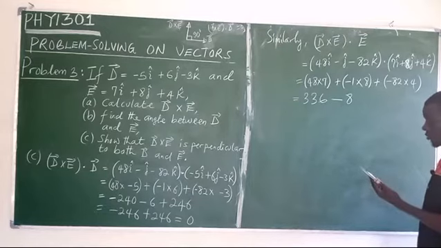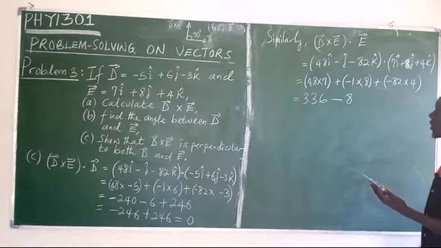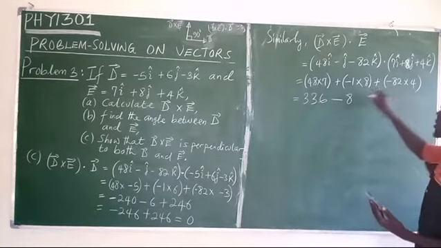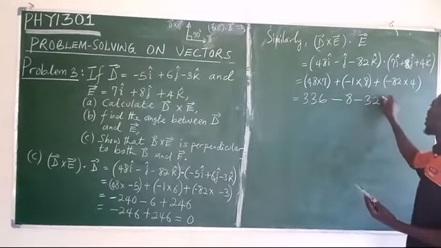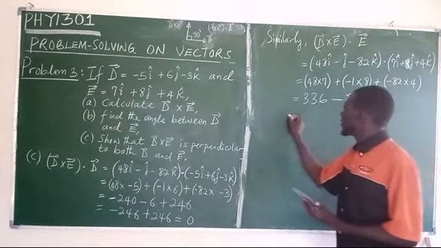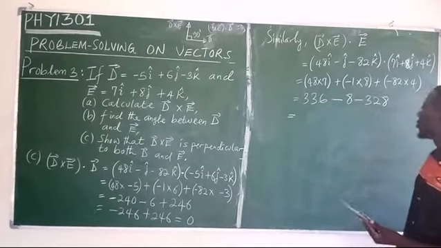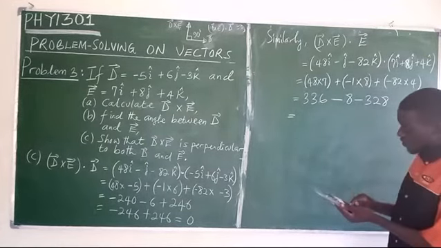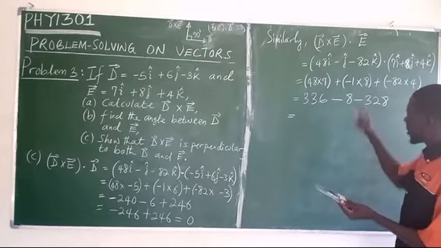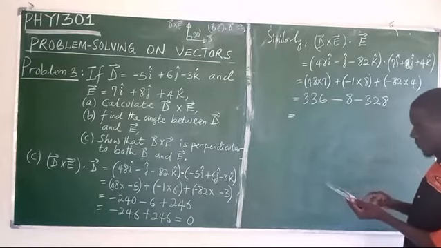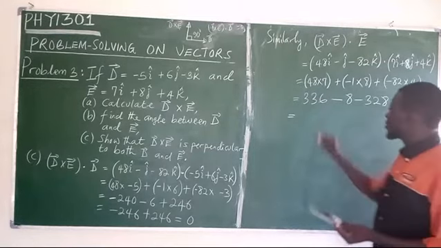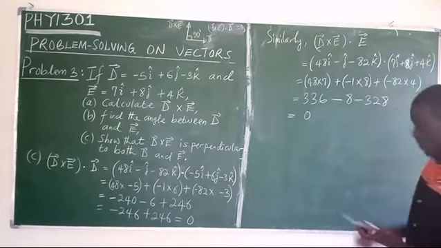This is going to be 328, but it's negative, so plus times negative is negative 328. Finally, 336 minus 8 minus 328, and this will give me 0.